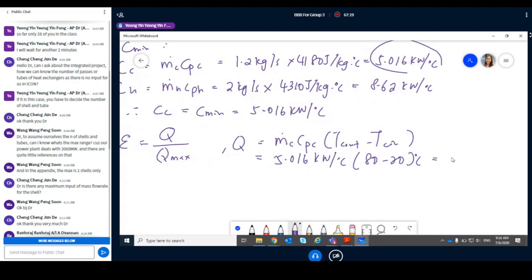Students, can you proceed to the calculation? Just now the C we determined is 0.582. Then the effectiveness itself is equal to 0.428. Okay, can you substitute the value in it? Any one of you can give me the answer?